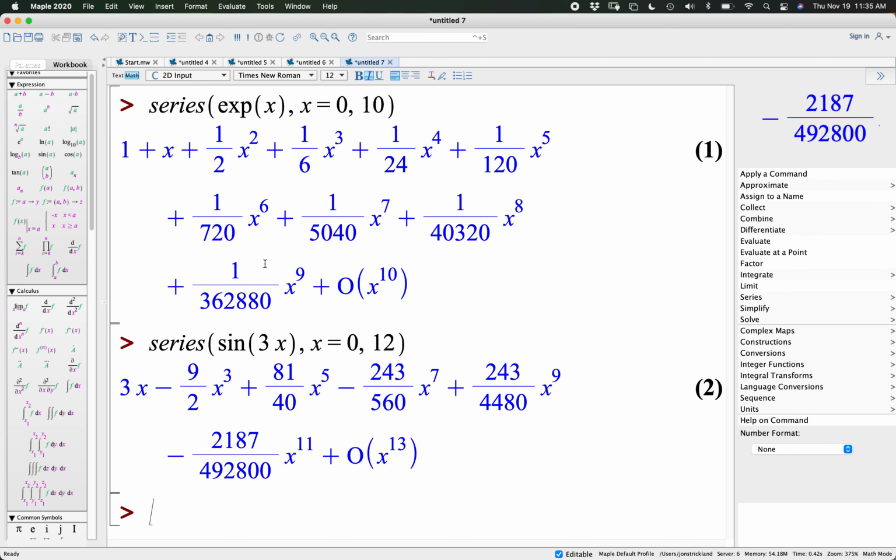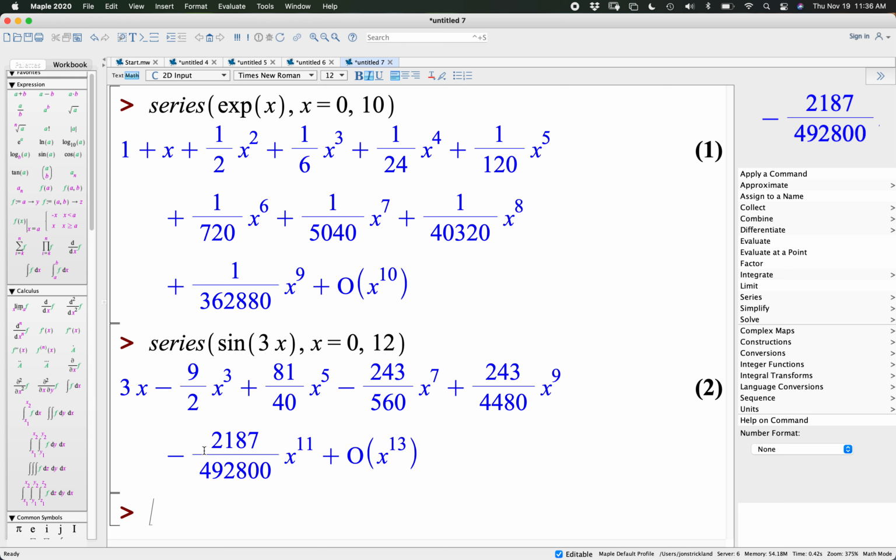With the return, you again have that O x to the 13, which means there's a certain room for error, because we're looking at just the first handful of terms among infinitely many that make up the Maclaurin series for the sine of 3x. Your first term is 3x, next you have 9 halves of x cubed, 81/40 of x to the 5th. Yes? For those, do you load any packages into Maple, or is it just straight inputting?